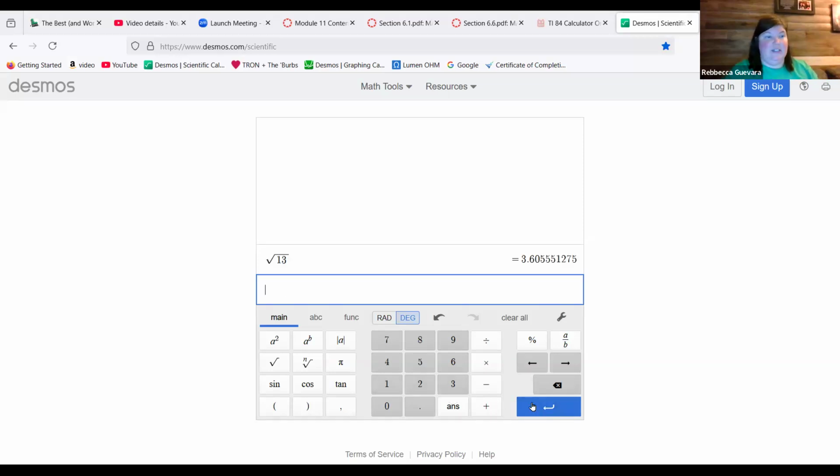And what we see is that for a, the square root of 13 is going to be approximately, and we're just getting approximations right now, 3.606. So I'm just rounding 3 places.